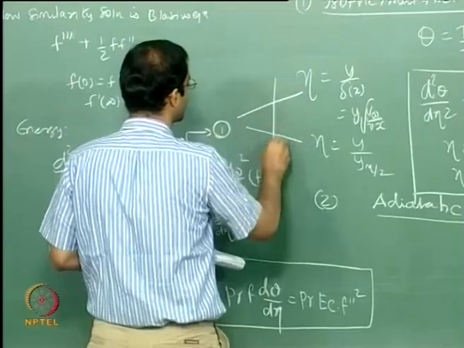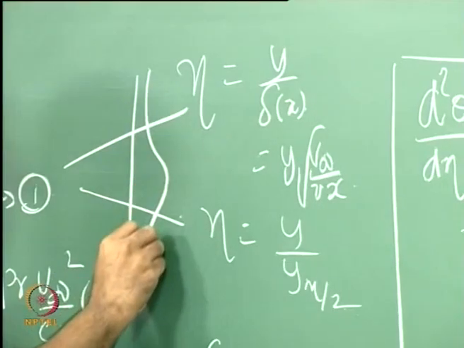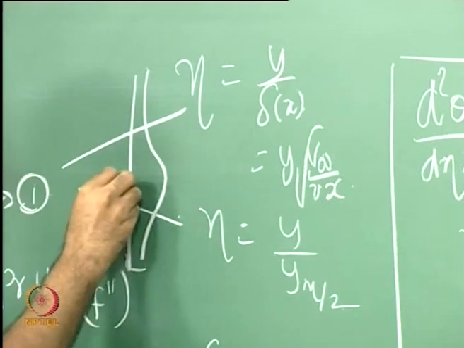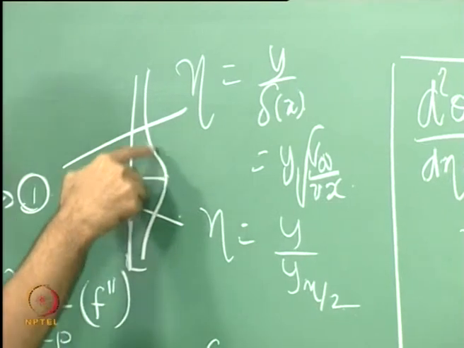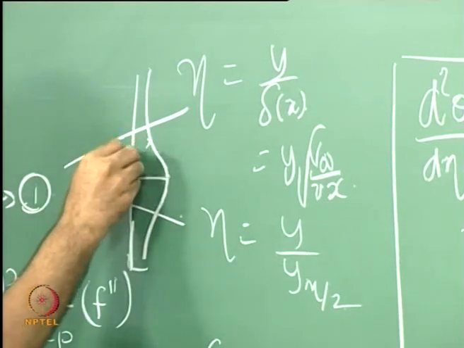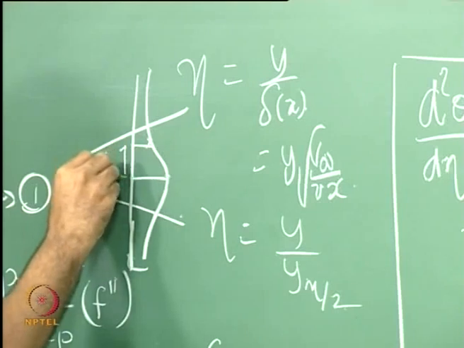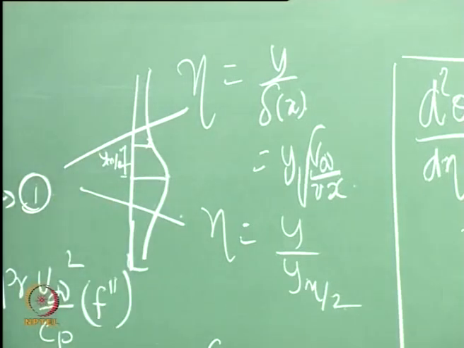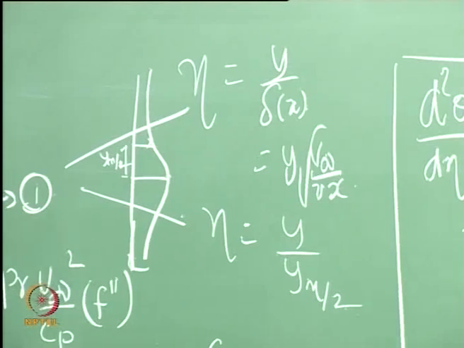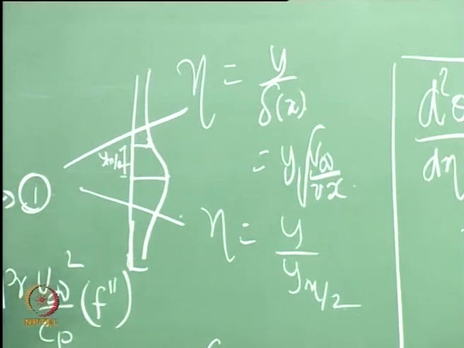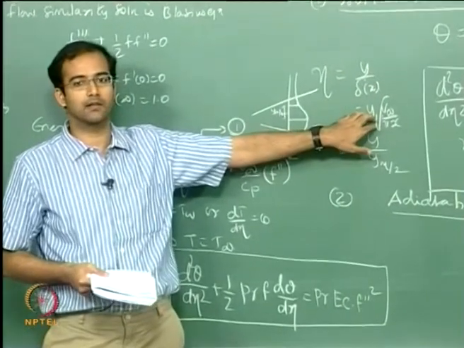So that is your jet half width. This is your maximum velocity, somewhere you get half of the maximum velocity, and corresponding to that is your ym by 2. So you use that to non-dimensionalize your y. So in different kinds of flows, as far as boundary layer flow is concerned, this is the similarity variable, that's it.